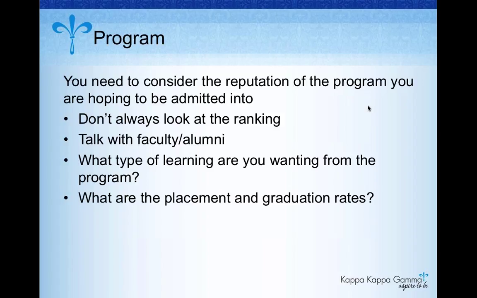Huge investment, like we talked about. You could very possibly be out of your comfort zone, and it's all going to be well worth it if your program is going to prepare you. But if it's not, then it's not going to meet your needs, and you're not going to get out of graduate school what you hope to get. So while all 5 steps that I've talked about are important, program, I would say, is the most important.